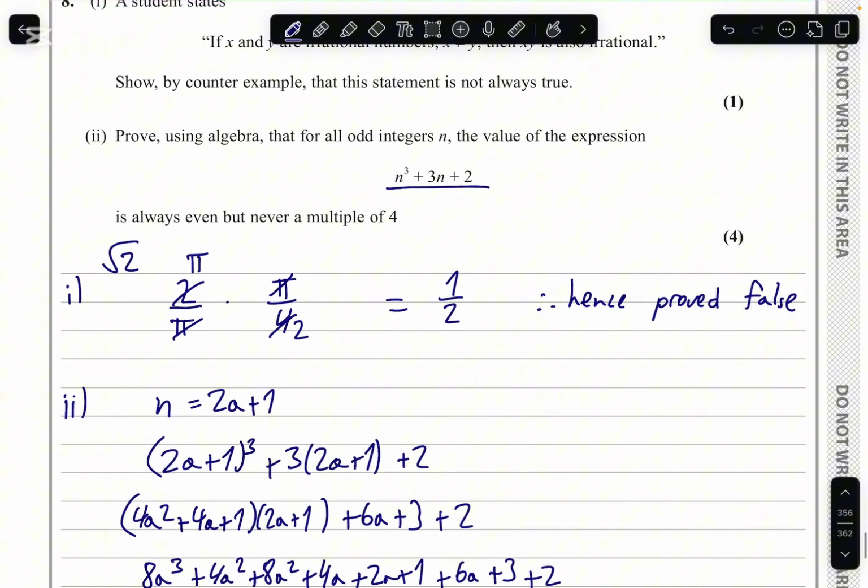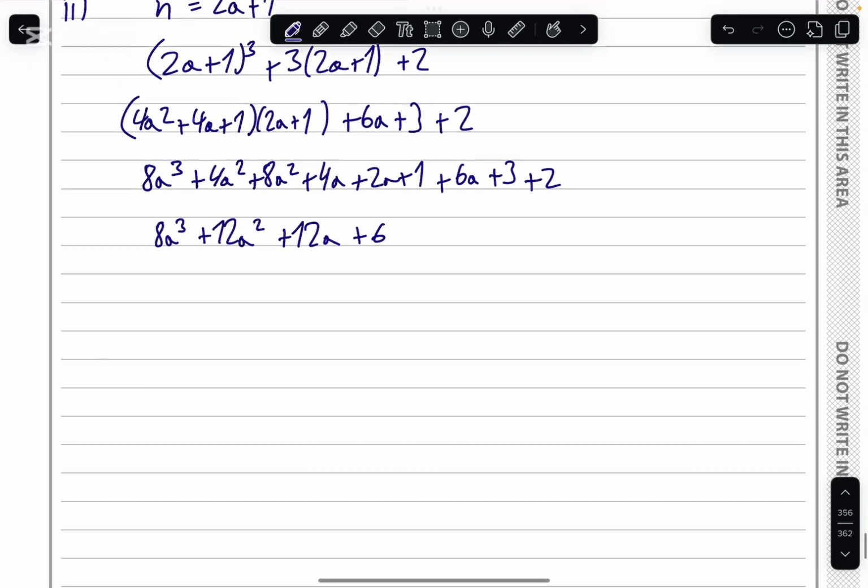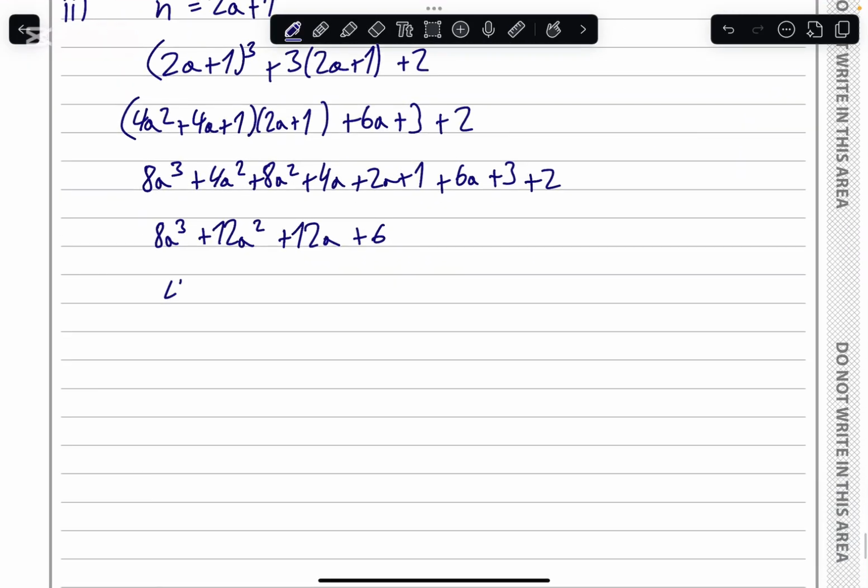So we need to show that it is always even but never a multiple of 4. If we try and factorize the 4 outside, we'll be left with 2a cubed plus 3a squared plus 3a plus 1, but we'll also have a plus 2 remainder here. So that means that it is not divisible by 4.